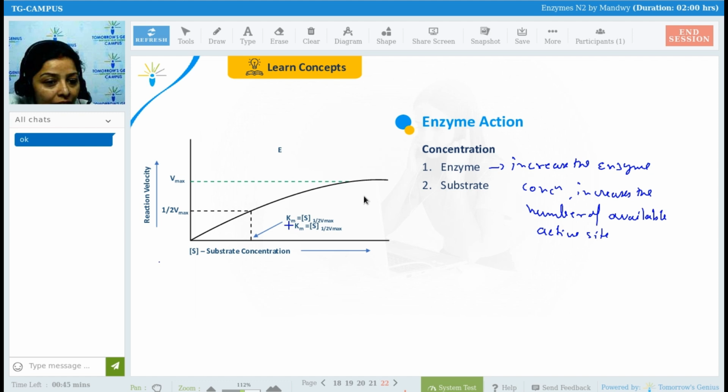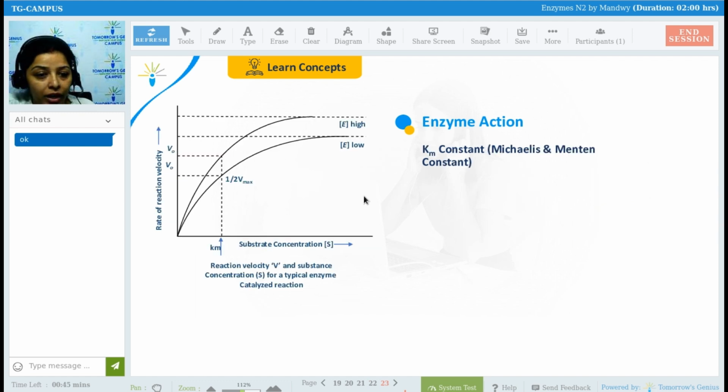Okay, so for the substrate concentration, we have a constant, and that is the Km constant. Now let's see how the Km constant, or the turnover number, or the Michaelis-Menten constant, is related to the enzymatic activity.